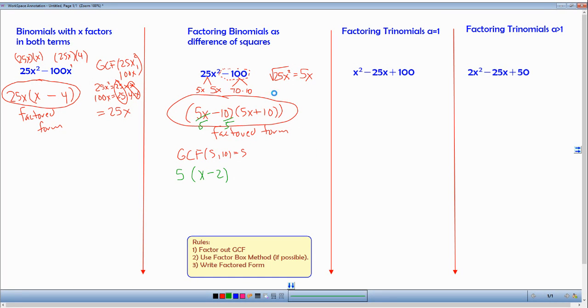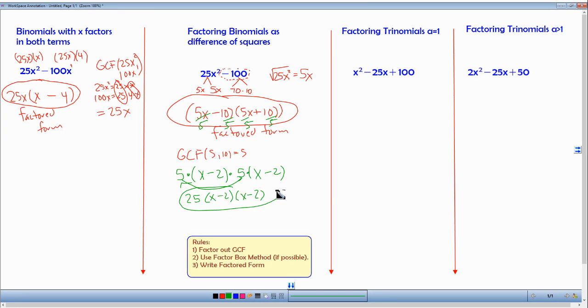And then in my mind, I do this again. I want to divide by 5, and then I write a 5 on the outside, and I get the exact same thing, x minus 2. Now, all of this is being multiplied, so you multiply the two number parts to get 25 times x minus 2 times x minus 2.